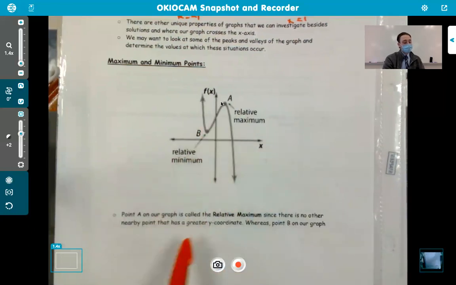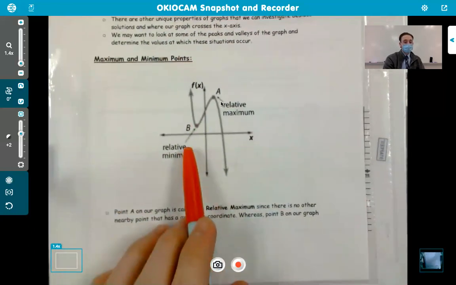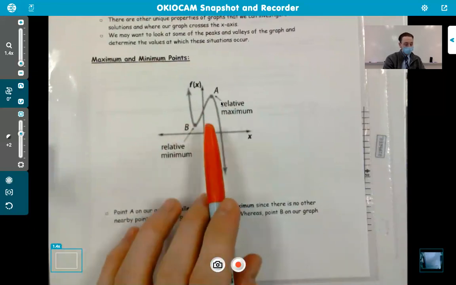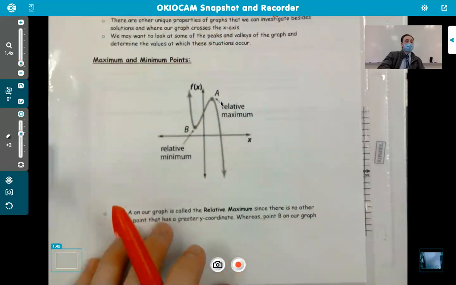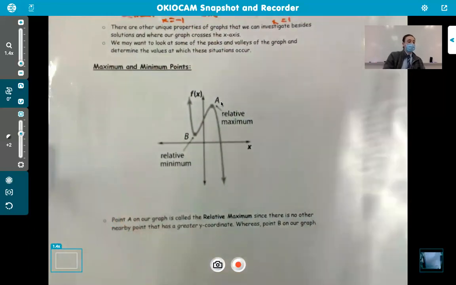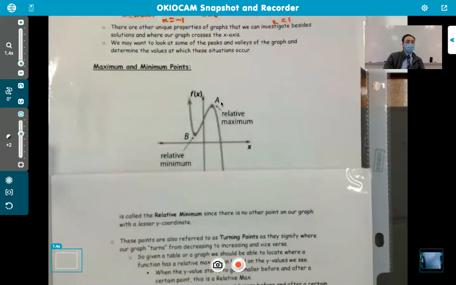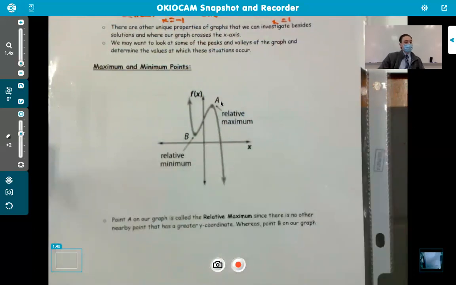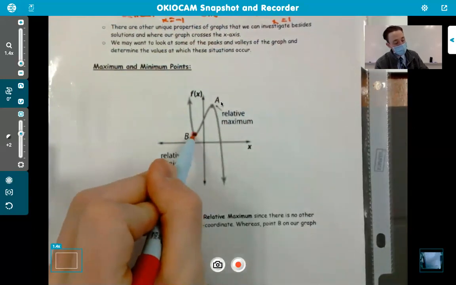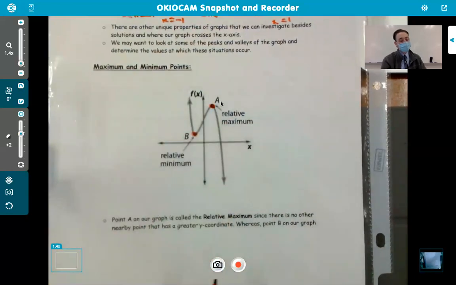So the relative max, there's no greater point, whereas the relative min, visually, it's that valley there. There's no other point within that range that has a lesser y value. Okay, so visually, that's what that looks like. Relative min here, relative max here.